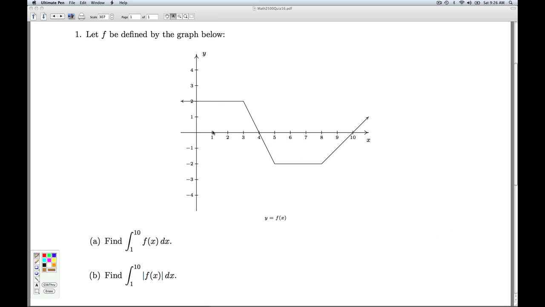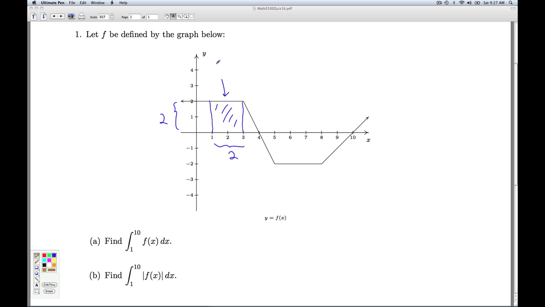Alright, so let's get to work here. Let's find the area of A1. Now, the geometric object in A1 is actually a trapezoid. And you might not remember the formula for the area of a trapezoid. Well, that's okay, because we can break this up into a rectangle and a triangle. So let's find the area of this portion first. The height of this is 2, and the base is also 2, so this is actually a square.